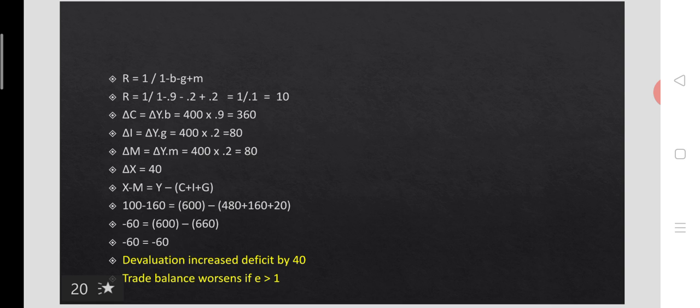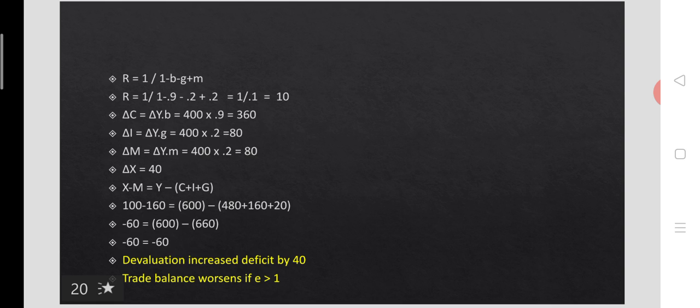Then in this case 480 is the total consumption. Total investment is 160. It was previously 80, then increased by 80. Total is 160, and 20 is the government expenditure. It remains constant. Then minus 60 is equal to 600 minus 660. Then minus 60 is equal to minus 60.